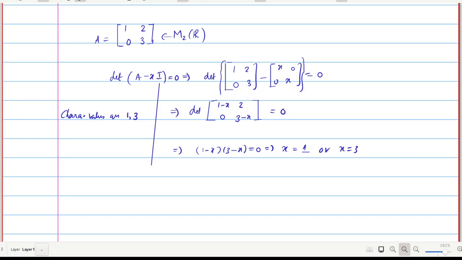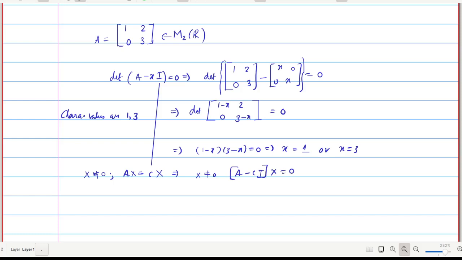Now we will find the corresponding characteristic vectors. In order to find them, we need to solve the equation Ax equals Cx, finding x not equal to 0, where C is the characteristic value. So this implies the set of all x not equal to 0 such that A minus CI times x equals 0.